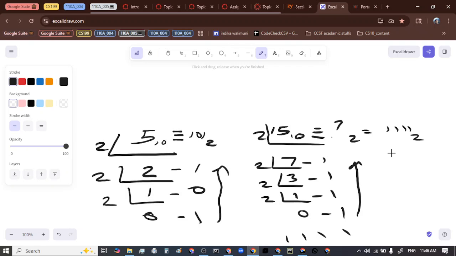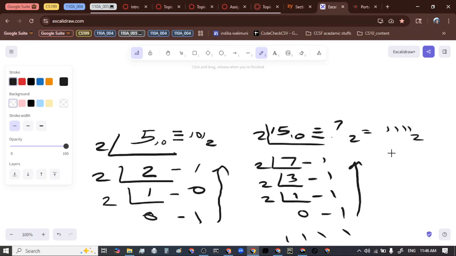Let me ask this question. Take the hexadecimal system. What is the last digit? F, which in decimal is 15, right? And 15 in decimal needs 4 binary bits to represent.